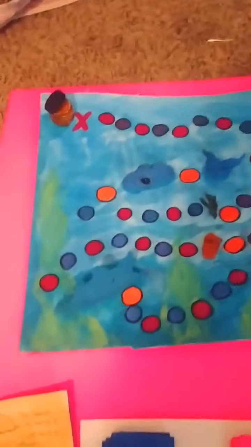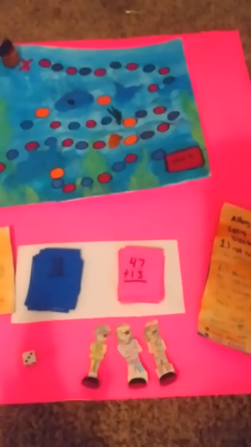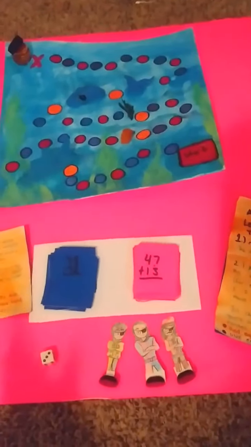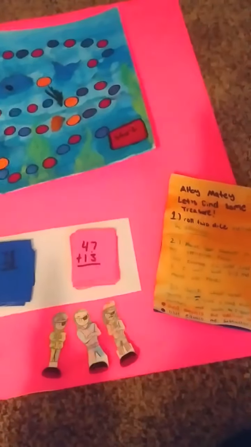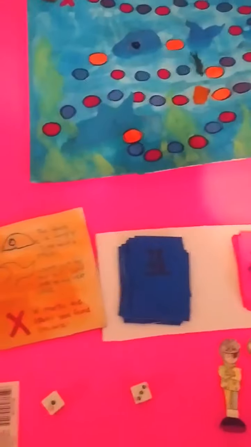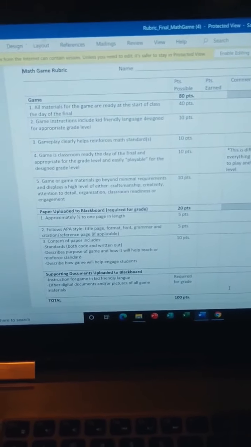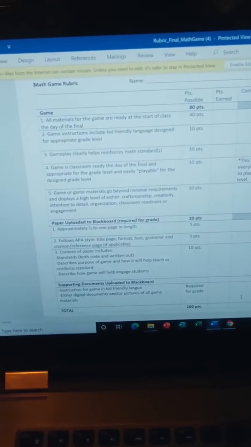The game board is set up, and everything's ready to go. And this is on grade level. This is for second grade, so kids will be easily able to navigate this because everything is set up and organized.